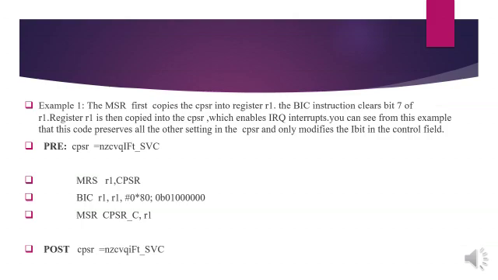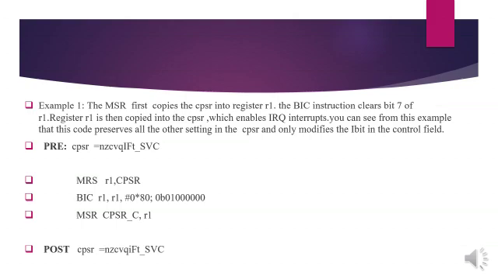R1 means NZCVQIFT in SVC mode. Here N is equal to 0, Z is equal to 0, C is equal to 0, V is equal to 0, Q is equal to 0, I is equal to 1, F is equal to 0, T is equal to 0. The other 5 bits represent the SVC mode, and we can add 5 more zeros and get the answer for R1.